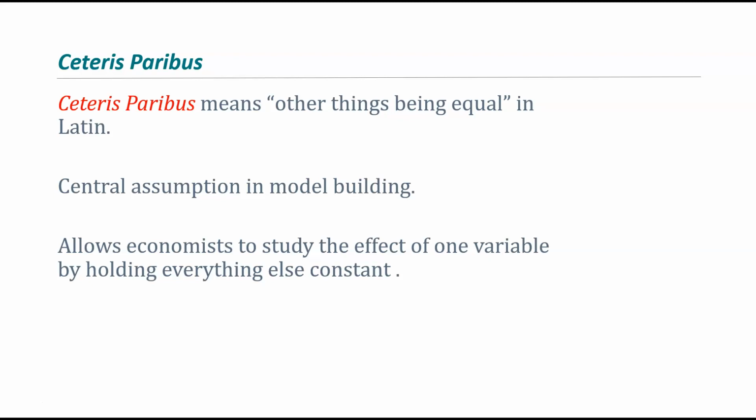Or gas prices go up, but also there's a huge recession and people's incomes go way down, right? There are other things that may be happening that could affect people's ability or desire to buy hybrid vehicles. And you want to be able to hold those things constant to really study the relationship between gas prices and sales of hybrid vehicles. And so you can do that in your model with the ceteris paribus assumption.